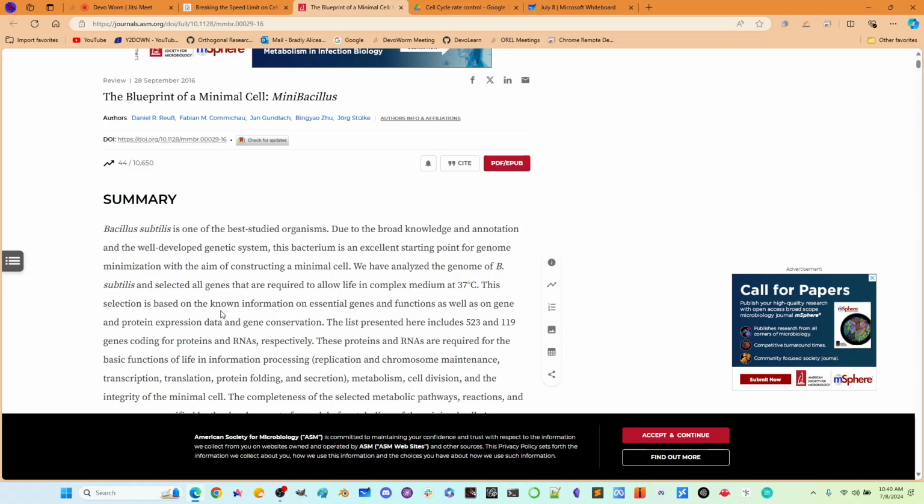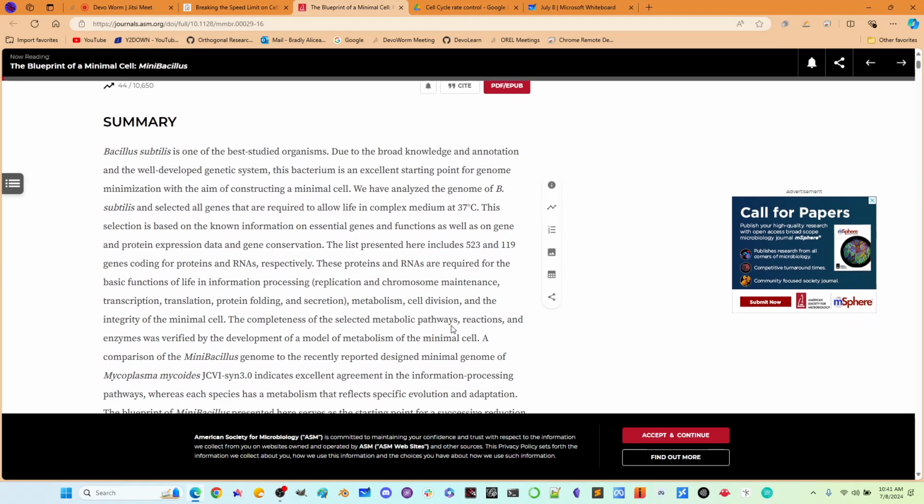The selection is based on known information on essential genes and functions, as well as on gene and protein expression data and gene conservation. The list presented here includes 523 and 119 genes coding for proteins and RNAs, respectively. These proteins and RNAs are required for the basic functions of life and information processing, so that's replication and chromosome maintenance, transcription, translation, protein folding, and secretion.